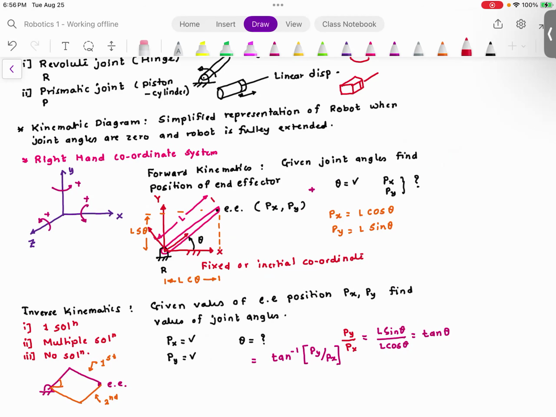That coordinate system is called the end effector. Inverse kinematics may have a solution, may have multiple solutions, or may not have any solution. Now, solving the inverse kinematics problem can be challenging, but we are going to use MATLAB to solve it.